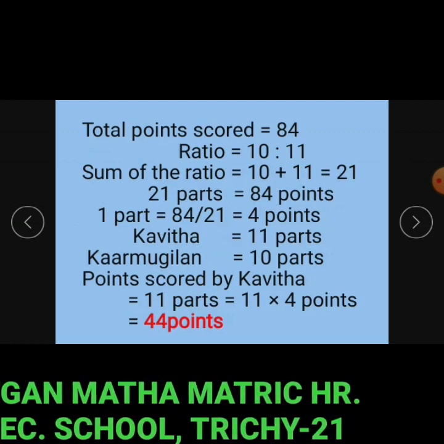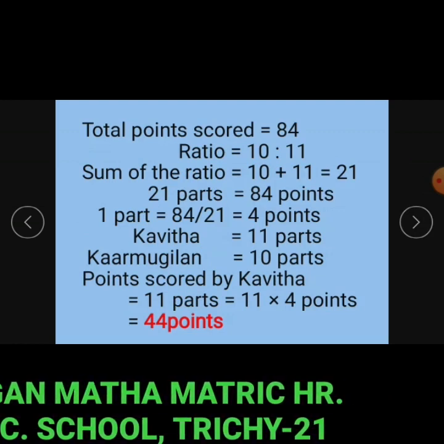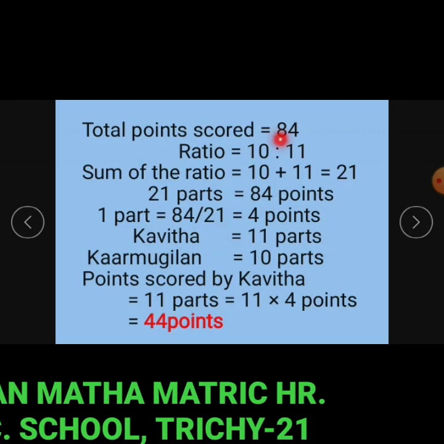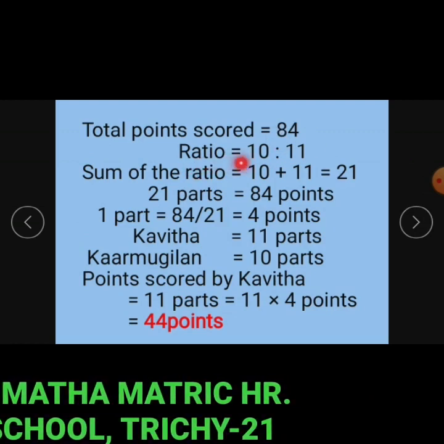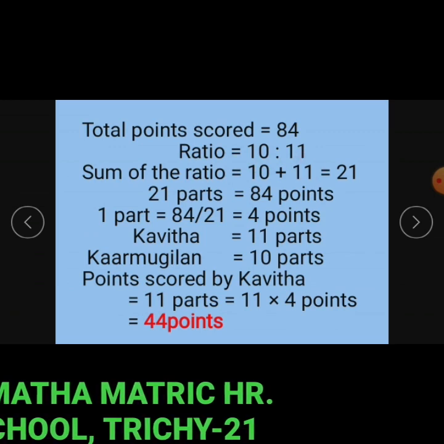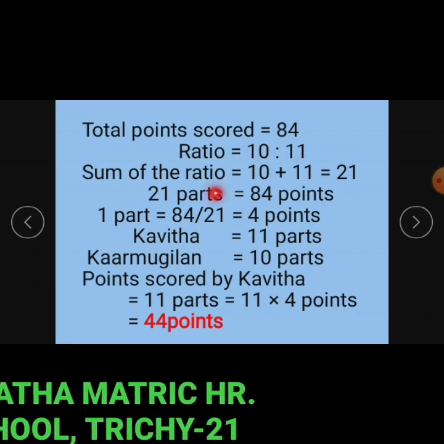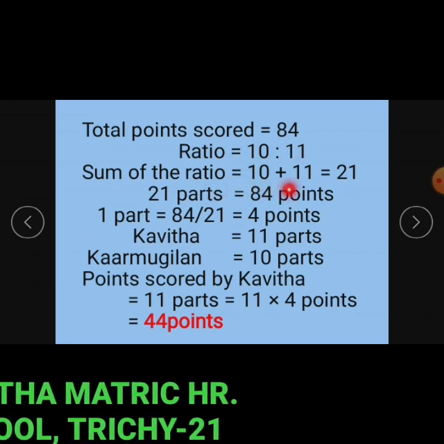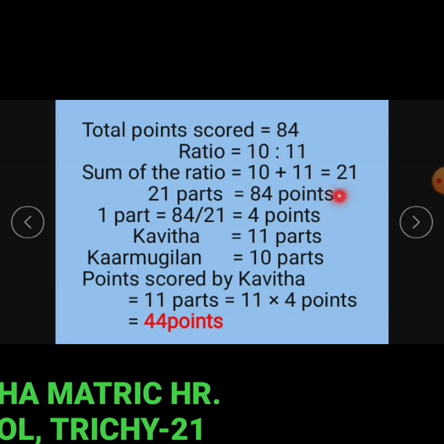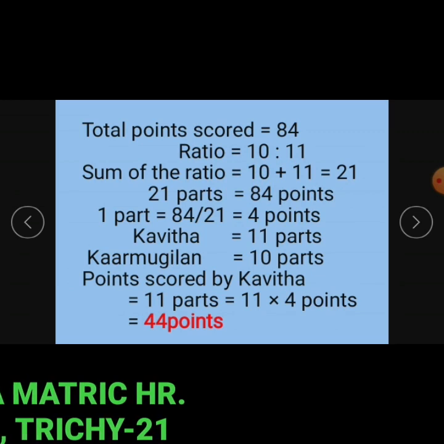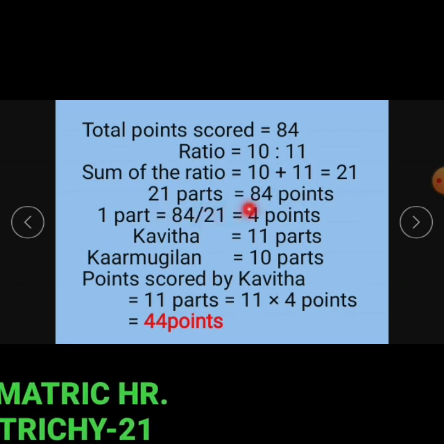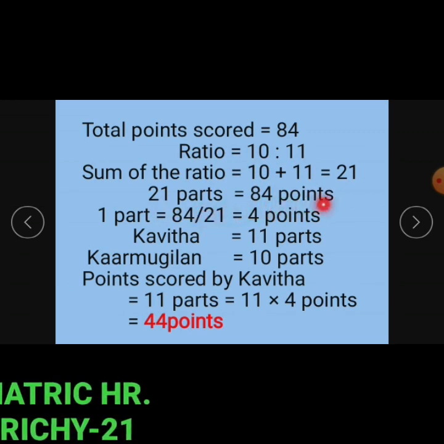Total points scored by Karmugilan and Kavita equal to 84. The ratio given equal to 10 is to 11. Sum of the ratio equal to 10 plus 11 equal to 21. 21 parts equal to 84 points.